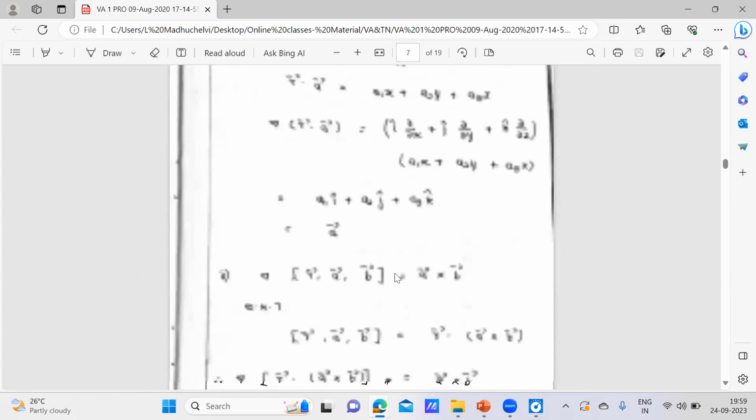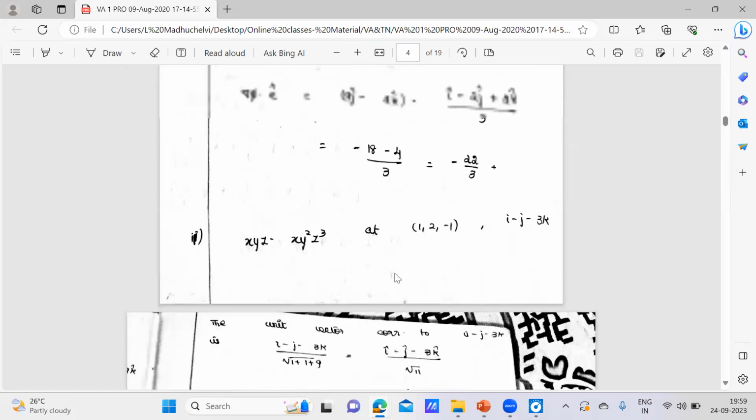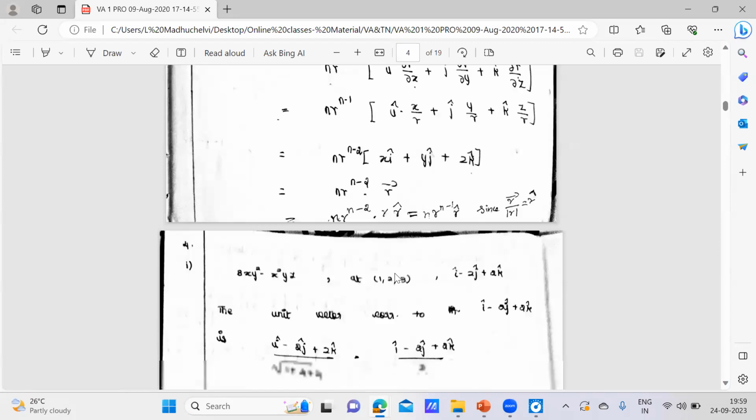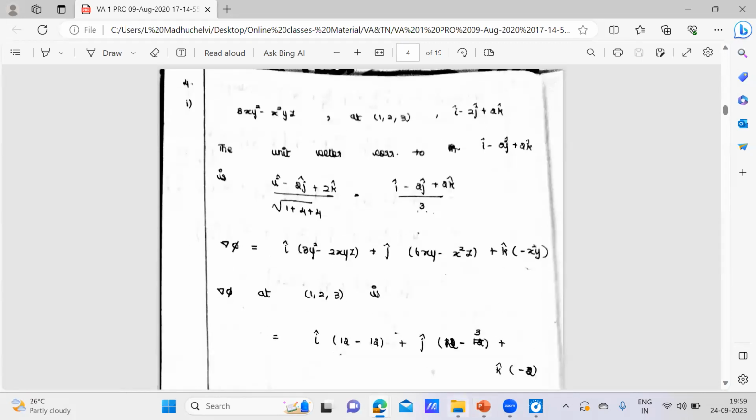The next problem is problem number 4 in the book.